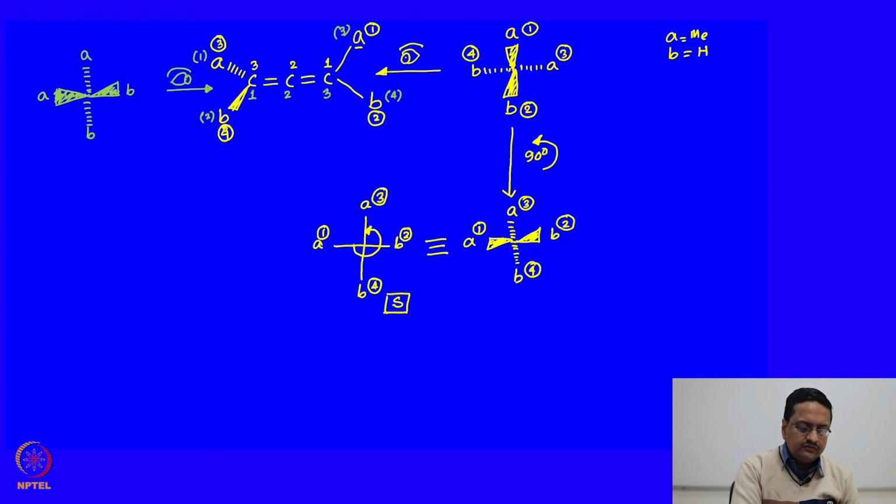So this one has priority 1, this is priority 2, this is 3 and that is 4. Now if we look at this projection, it is in the same way the Fischer projection is drawn. So therefore we can straight away convert it into a Fischer projection like this.